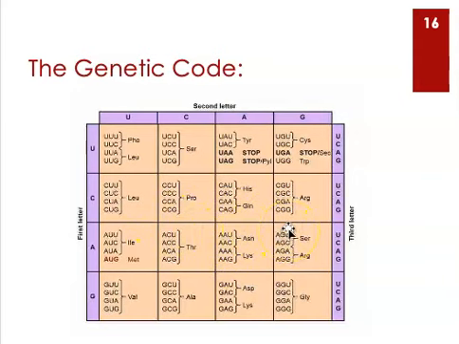Over here, we can see a group of 4 codons, CGU, CGC, CGA, and CGG. All 4 of those codons code for the amino acid called arginine. This is an example right here of this wobbliness of the 3rd position in a codon.